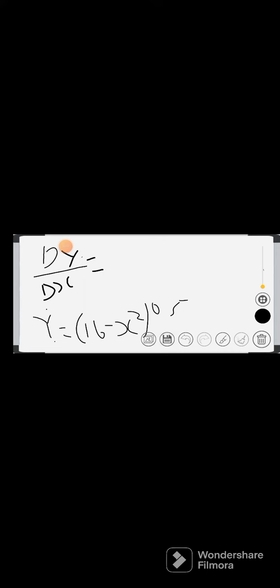We have 0.5 times 1 over 16 minus x squared all over 0.5 times negative 2x.